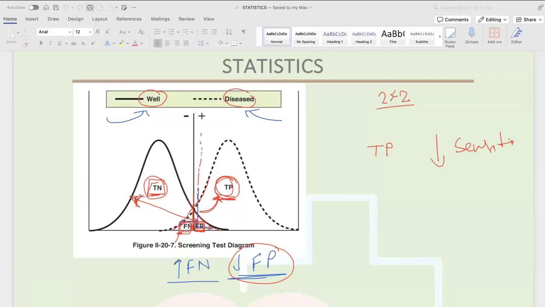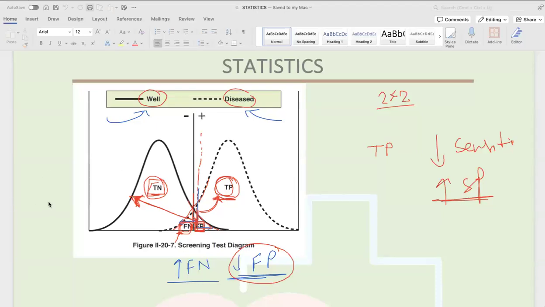So the easiest way to remember is that when you increase the cutoff point, you increase the number of true negatives. That means the specificity of the test has increased, because the test is now able to say, yes, you are negative, and the patient is actually negative or healthy. I hope it makes sense.